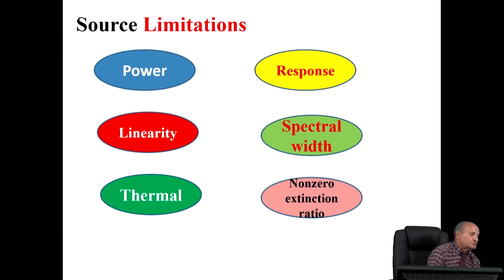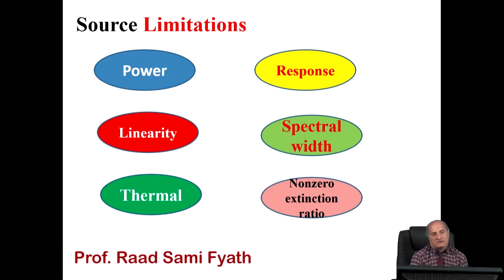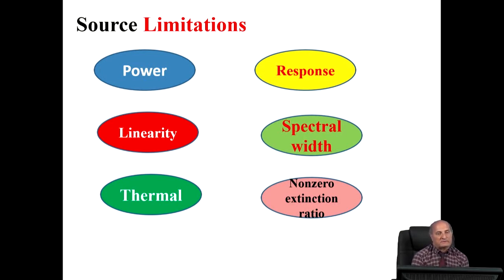Linearity between the emitted power and current is important for analog modulation. Spectral width: if we use a semiconductor laser that has a certain spectral width, the laser will not respond as an ideal source. Thermal.